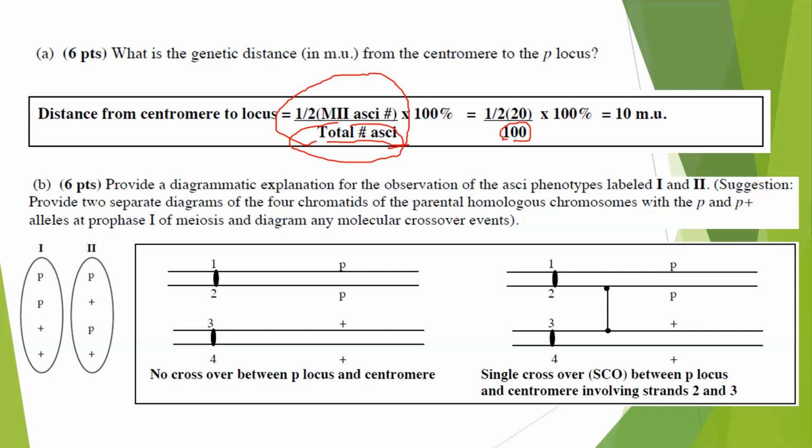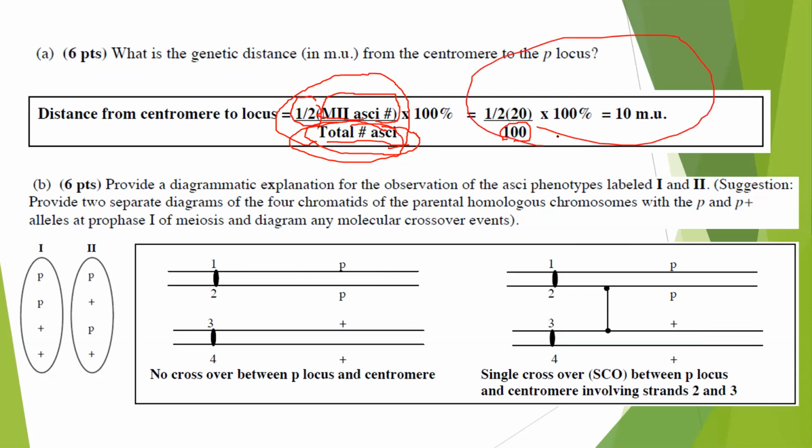All right. So that's the total number of asci in the denominator. In the numerator, as I mentioned, you need to use the total number of M2 asci multiplied by 1/2, because only half of the progeny within each M2 ascus represented the recombinant progeny.